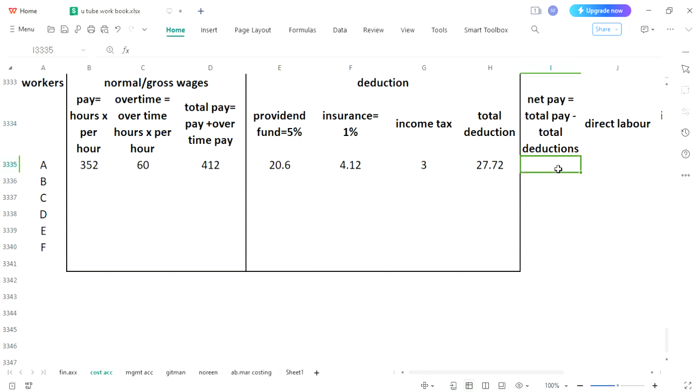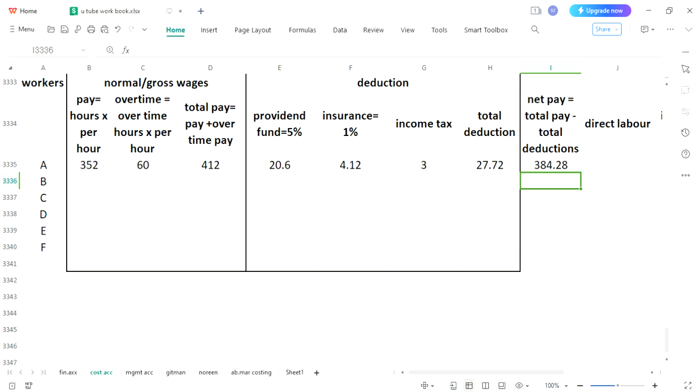Here you can write down the amount of net pay. Total payment 412 and you need to subtract total deduction 27.72. So you will get your net pay of A, that is 384.2. So in this way your calculations can be completed for A.